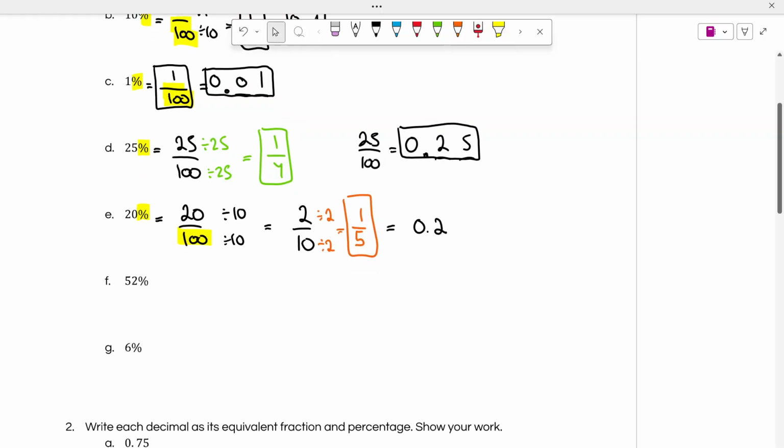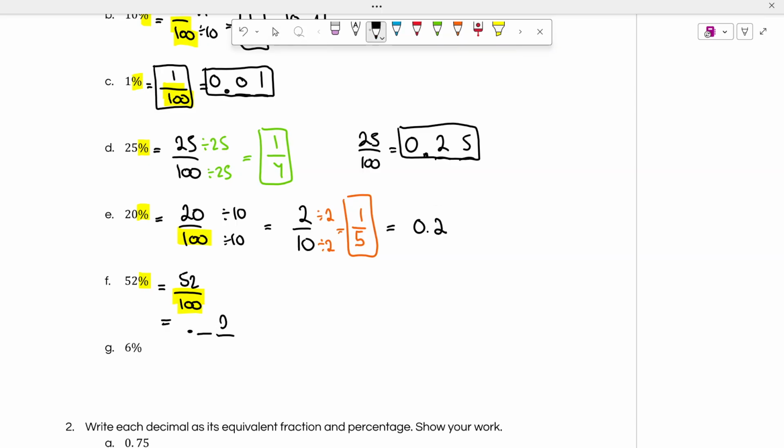Okay. When I look at 52%, again, we're going to start with our percent being out of 100 and our 52 being itself. 52% is 52 out of 100. I do know that my 52 over 100 is going to be reaching the hundredths place.